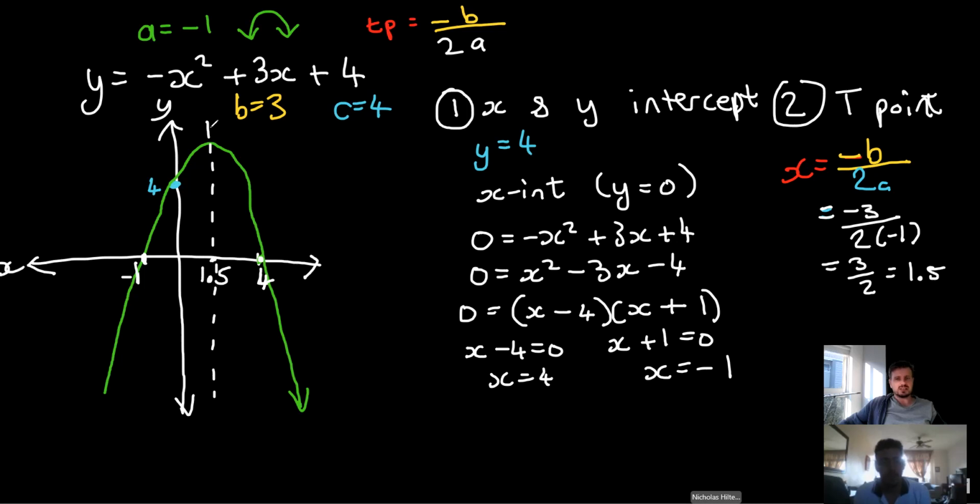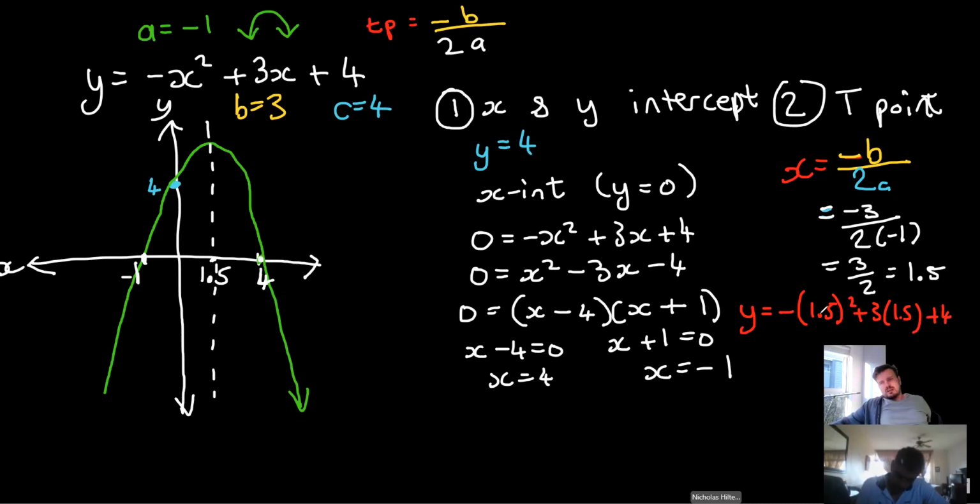But of course, that only is the x value. I then put the x into the original equation to figure out my y. So that would be y equals, sorry, there's a negative there, negative 1.5 squared plus 3 times 1.5 plus 4.